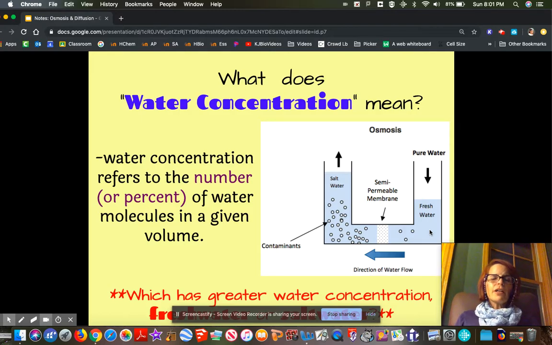By fresh water, I mean maybe distilled water, 100% water. If I have a beaker of 100 milliliters of distilled water, it's 100% water molecules, and I have a beaker of salt water that is, let's say, 98% water molecules and 2% salt molecules, which one has a greater concentration of water? The distilled water one does, the one that has 100% water molecules.